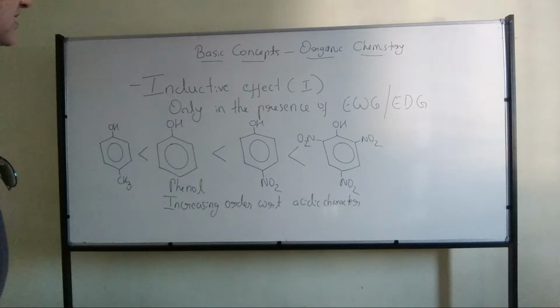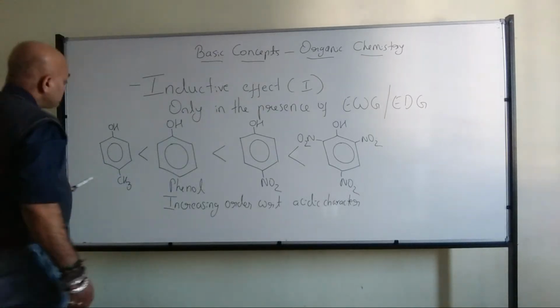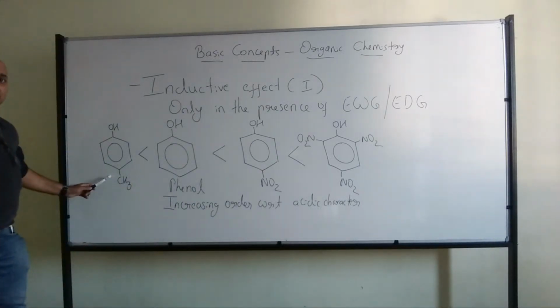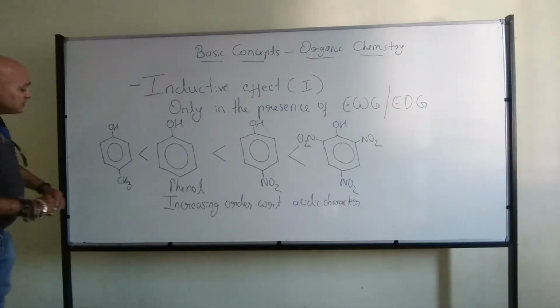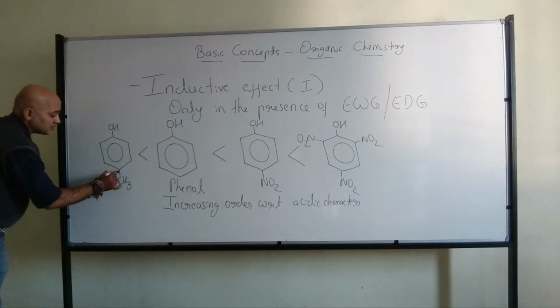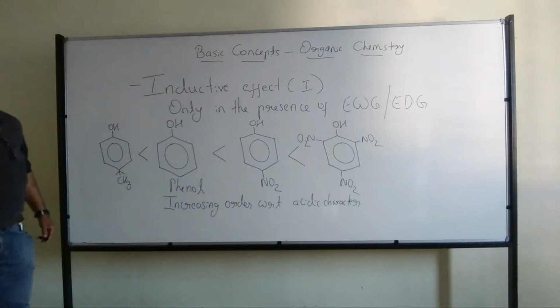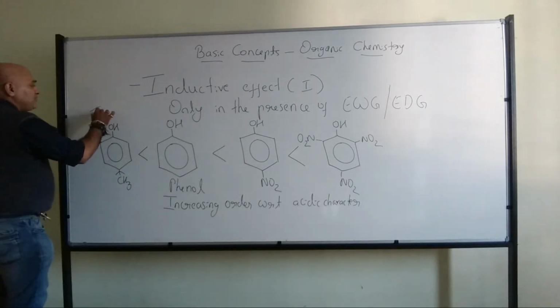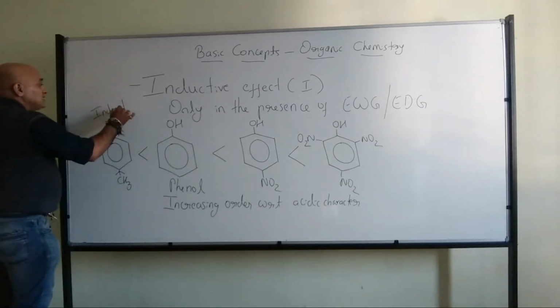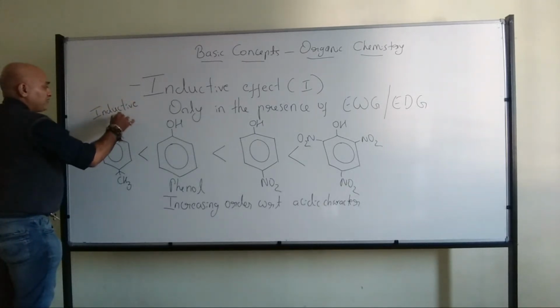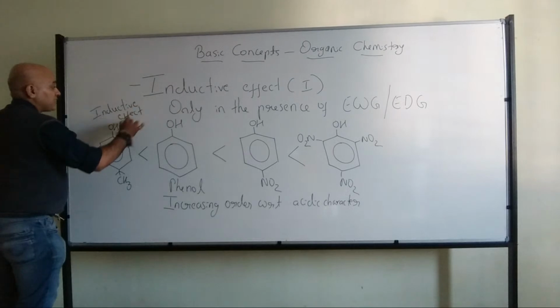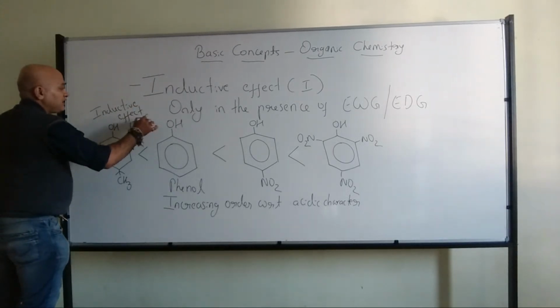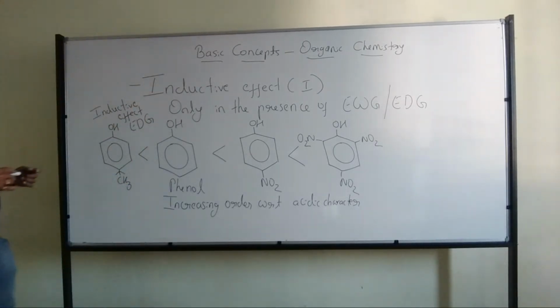So what is the reason why this molecule is a weak acid? This molecule is a weak acid because there is a substituent which can show the positive inductive effect, where electron donating groups like methyl groups are present.